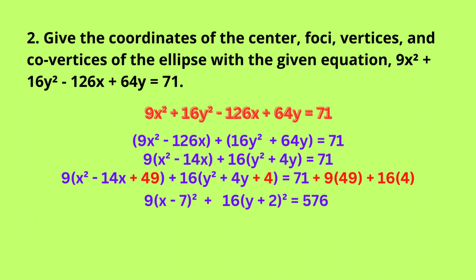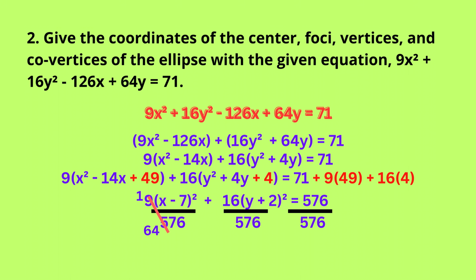Now to make our equation equal to 1, since that's how the standard form of the equation of an ellipse must be, we divide all the terms by 576. We simplify 9 over 576, as they are both divisible by 9. 9 divided by 9 is 1, and 576 divided by 9 is 64.